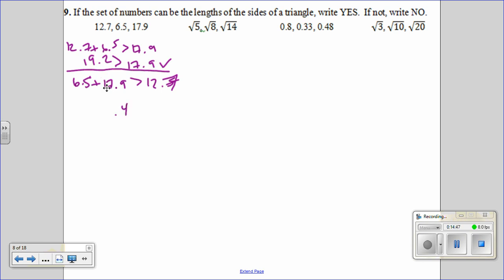Carry the 1, that would be 24.4, which is definitely greater than 12.7. Last combination is 17.9 plus 12.7 has to be greater than 6.5. That definitely is going to be true. So at the end of the day, yes, these are the sides of a triangle.